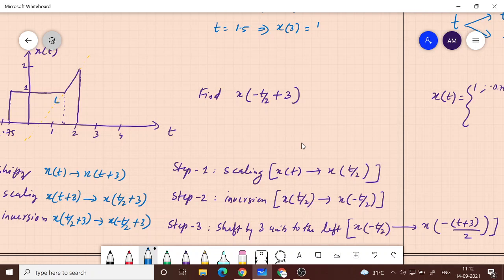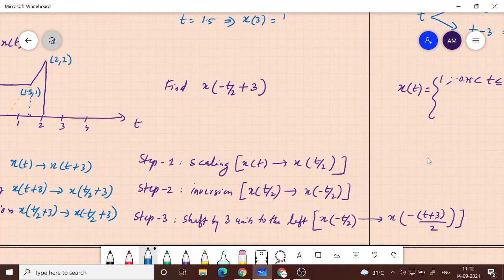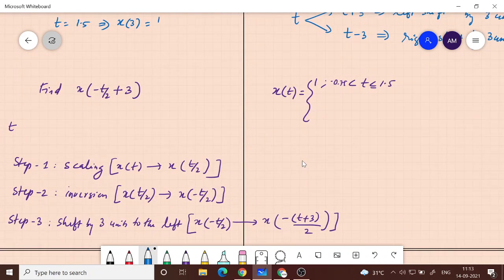So this coordinate is 1.5, 1 and this coordinate is 2, 2. From that I need to figure out the expression. So this is between 1.5 and 2, t from 1.5 to 2. What should be the expression here?